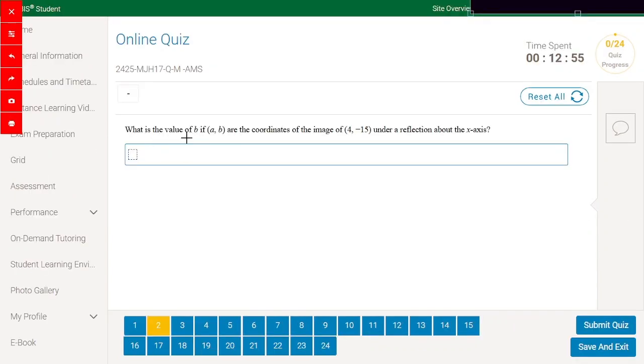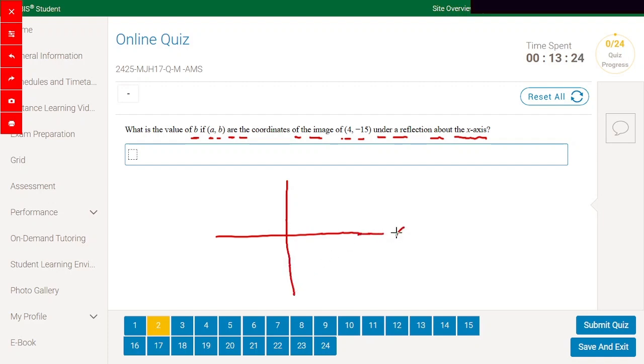What is the value of B if A, B are the coordinates of the image of 4 and minus 15 under a reflection about the x-axis? So here, reflection about the x-axis. So let's draw the graph here.